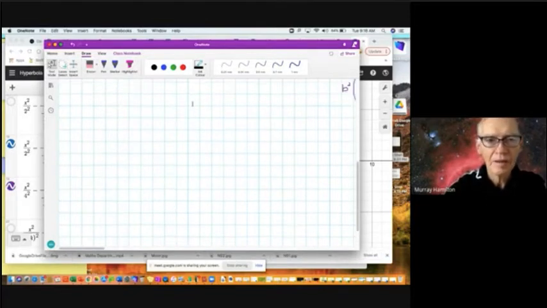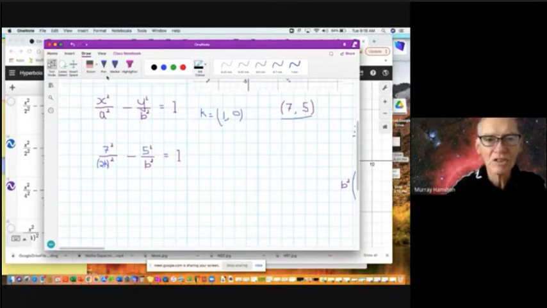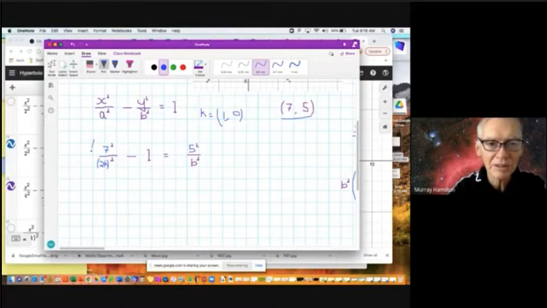Okay, so we're going to go through the same process, but here we're using k. So we're going to take this bit here, put it to the other side and make it positive. We take this bit here, put it to the other side and make it negative. We're going to multiply everything by b squared, so I put brackets around that. I take the b squared and put it to the other side.